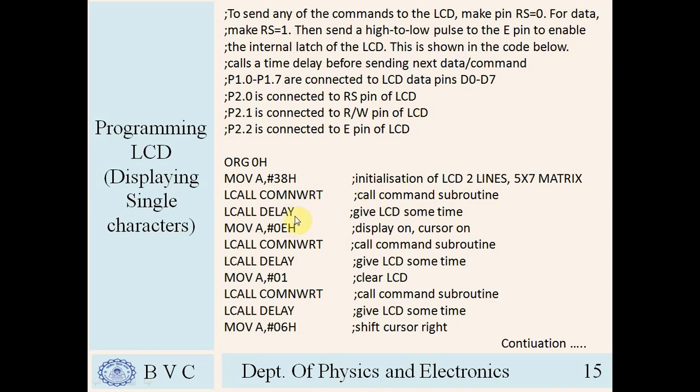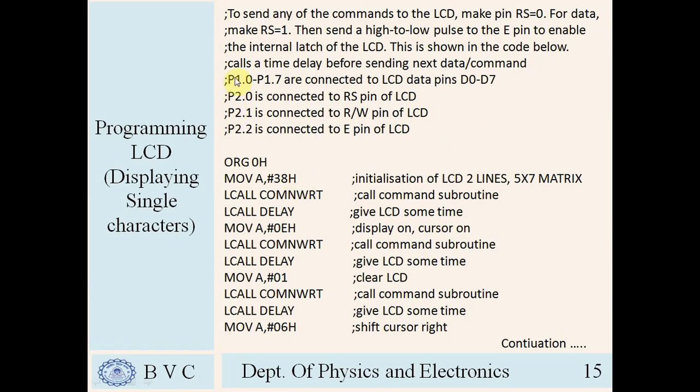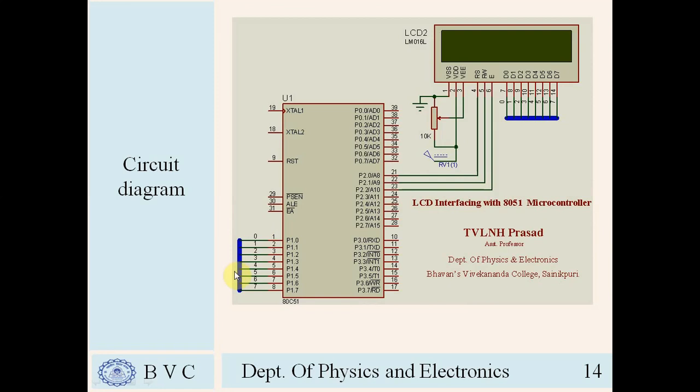Put that 38 in the accumulator A and call the command write subroutine. We will discuss the command write subroutine later. In this main program, we are going to use 3 subroutines. The first is command write, the next is delay, and the next is data write.